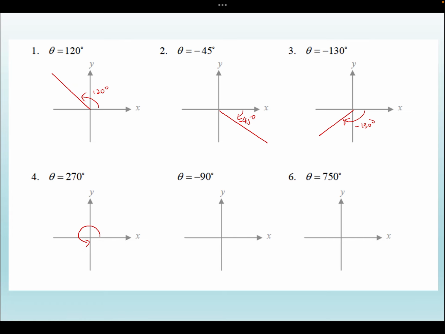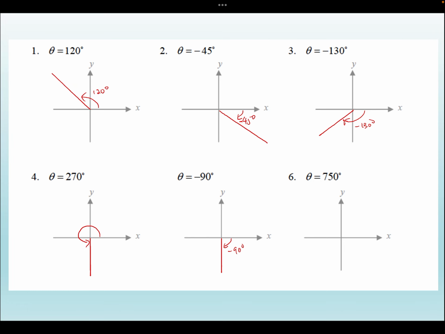So it's up to here, 270 degrees. And minus 90 degrees, that way. This is minus 90 degrees. Note that 270 degrees is actually the same as minus 90 degrees. How it is measured, where it is measured from, is important.